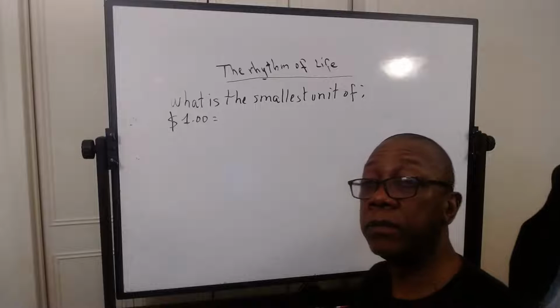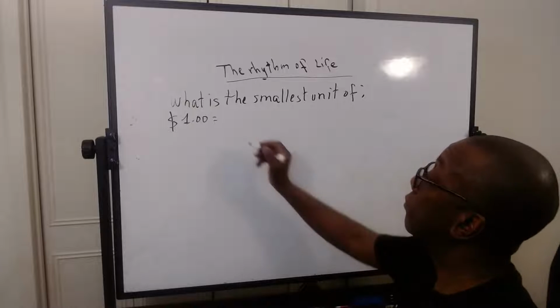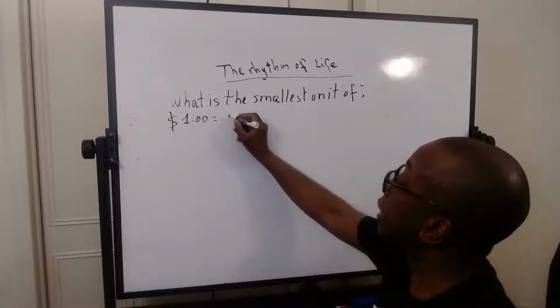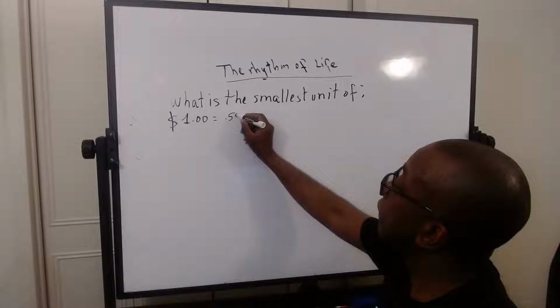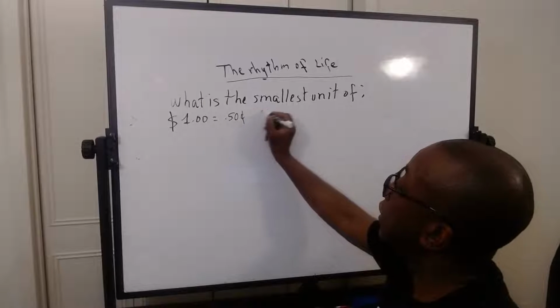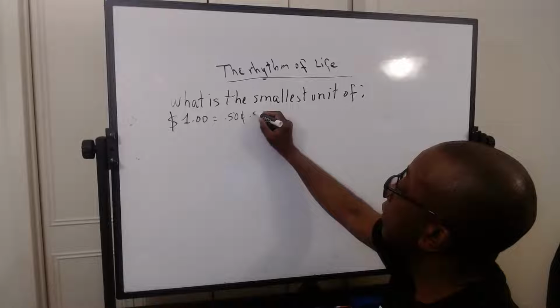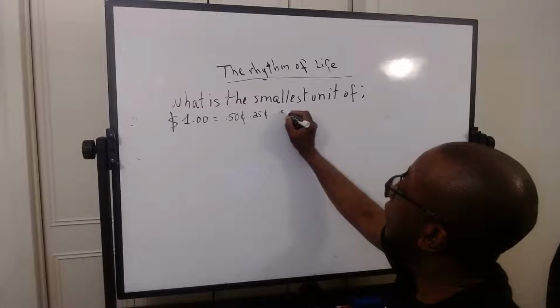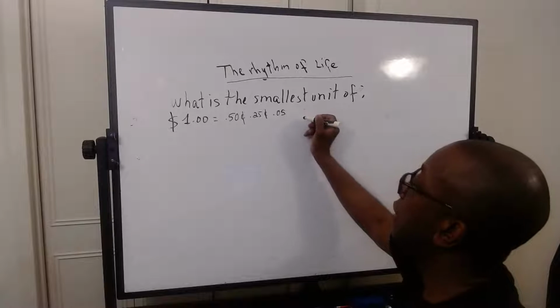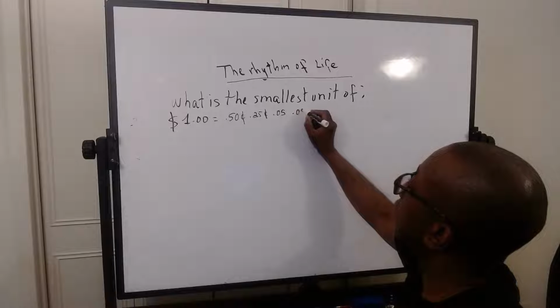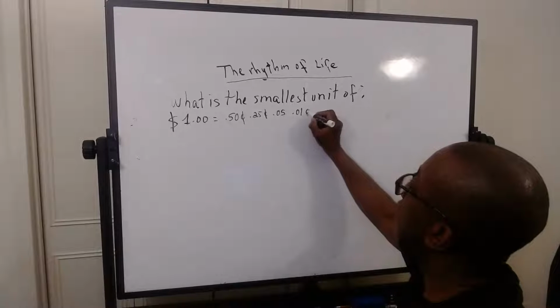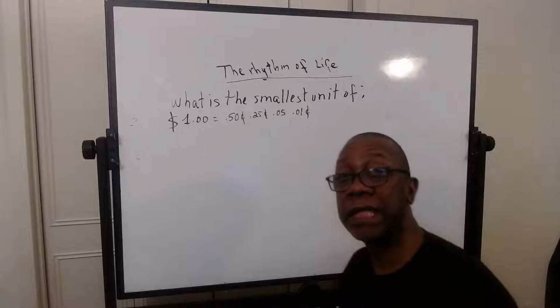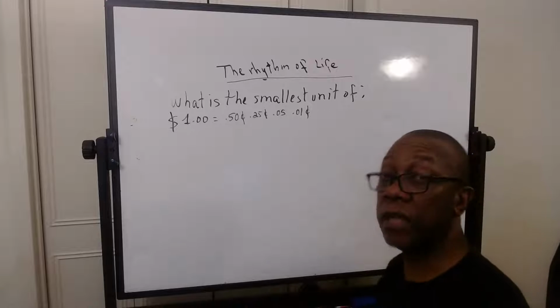Okay, anybody know? Let's split it. 50 is half. That's not the smallest. 25 is half. 0.5, still not the smallest. 0.1. One cent is the smallest unit of a dollar.